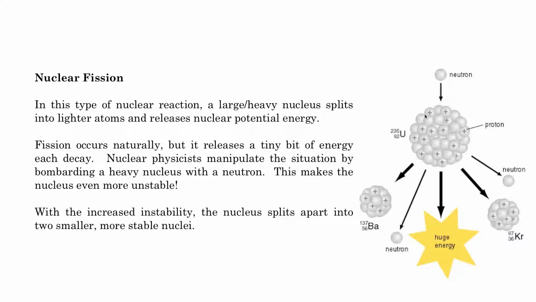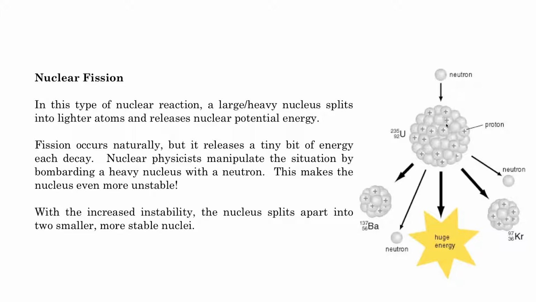What ends up happening is that this is a very unstable nucleus, and we know that it would normally decay just by itself using alpha decay because it is unstable. But what we do is we take this unstable nucleus and we bombard it with an extra neutron, so it becomes even more unstable.